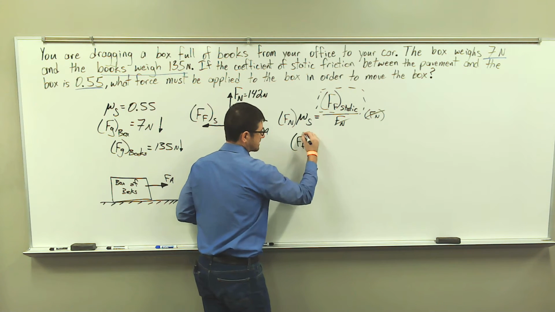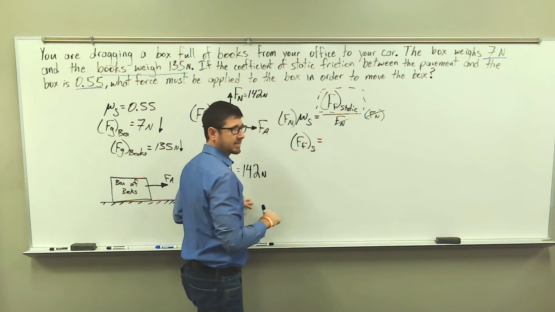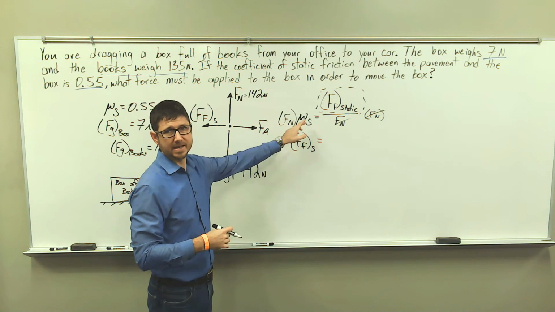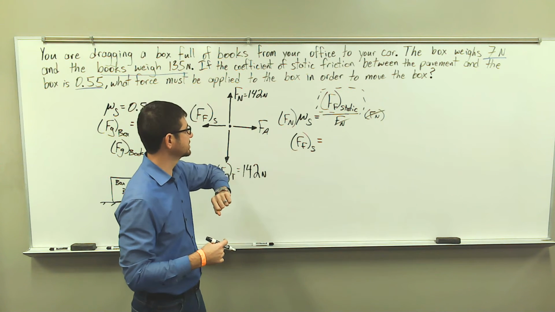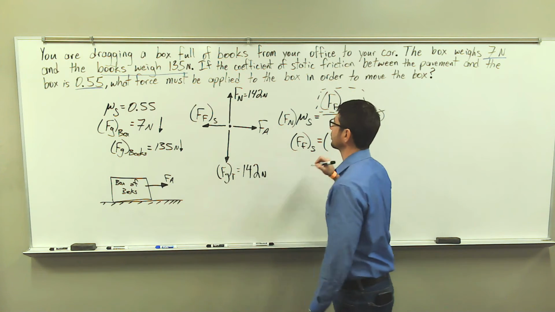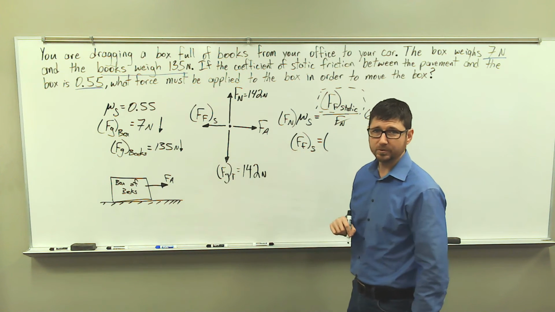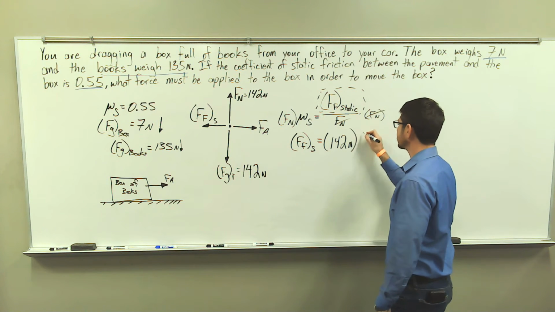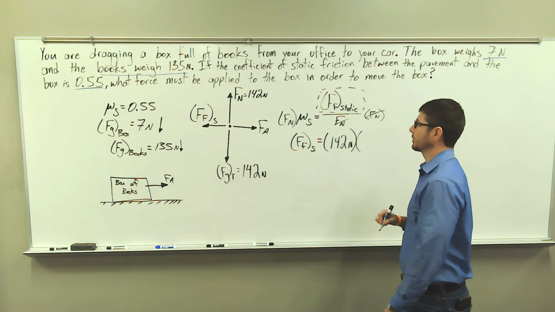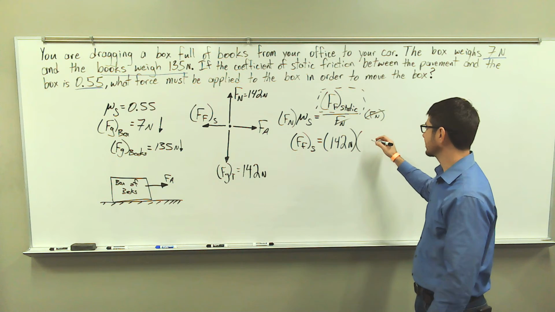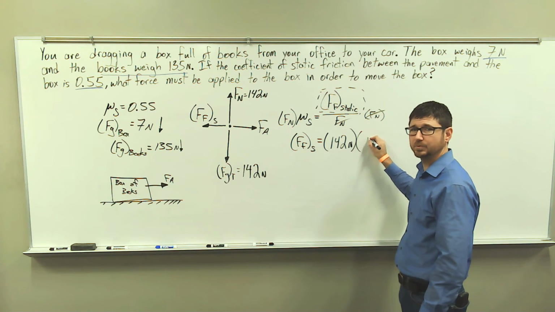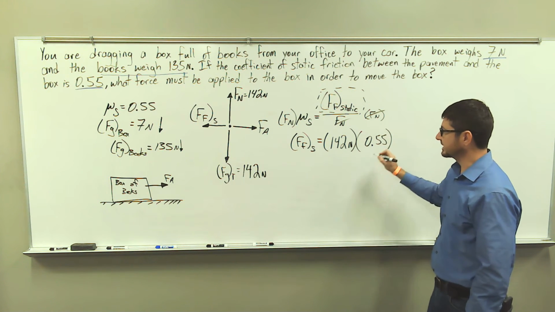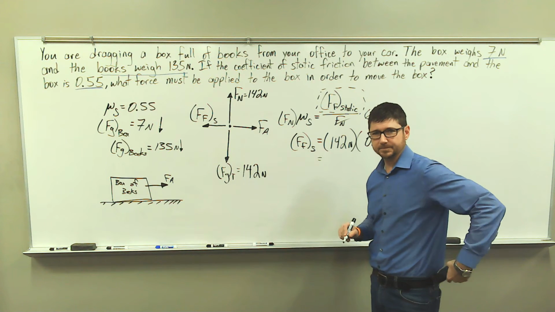So our static friction force is going to be the product of our normal force and our coefficient of static friction. So what we have, normal force, we need to refer to our free body diagram, 142 newtons. And we are going to multiply this by our static coefficient of friction, which is 0.55. So you need to get your calculator out.